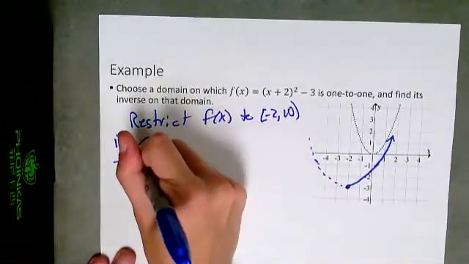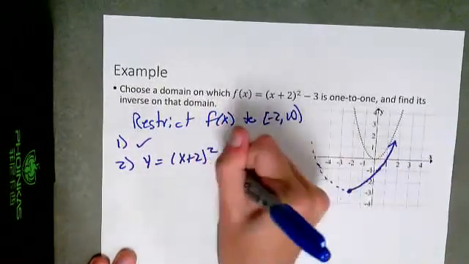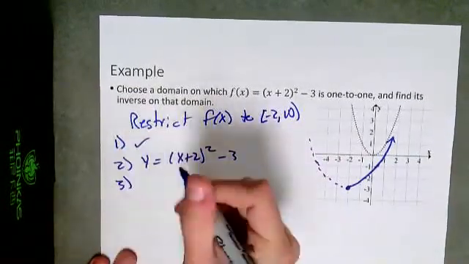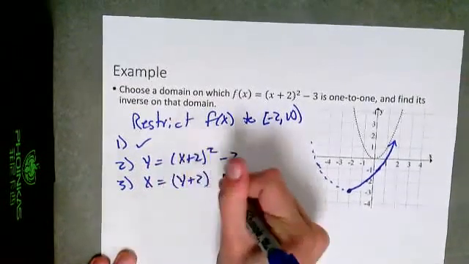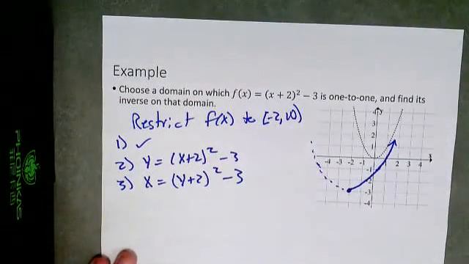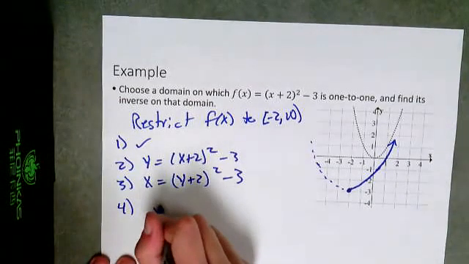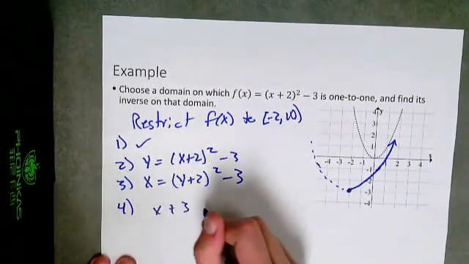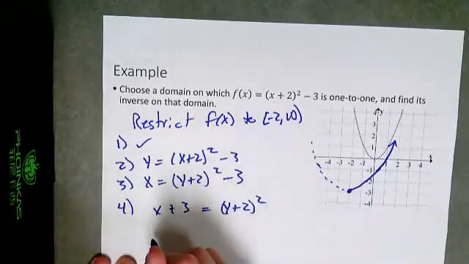Replace f of x with y: y is equal to (x plus 2) squared minus 3. Swap your variables: x is equal to (y plus 2) squared minus 3. And then solving for this, we would get x plus 3 is equal to (y plus 2) squared.